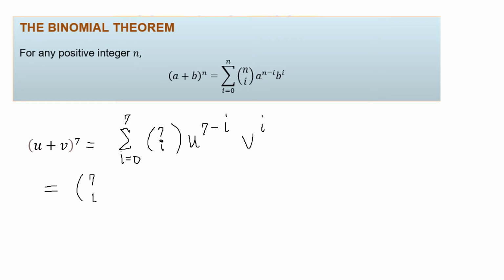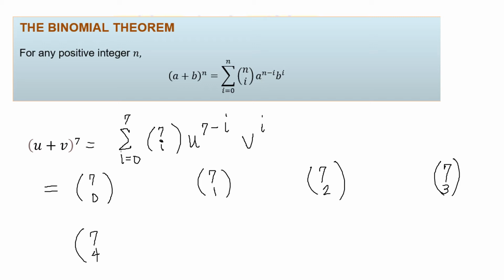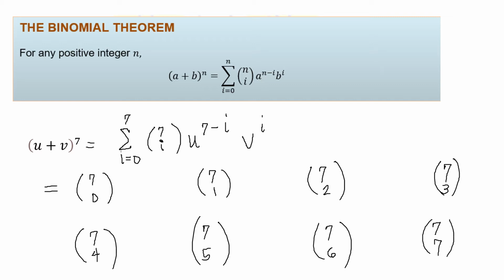We start from 7 taken 0. Now move to 7 taken 1, 7 taken 2, 7 taken 3. So we have 7 taken 4, 7 taken 5, 7 taken 6, and then we have 7 taken 7.